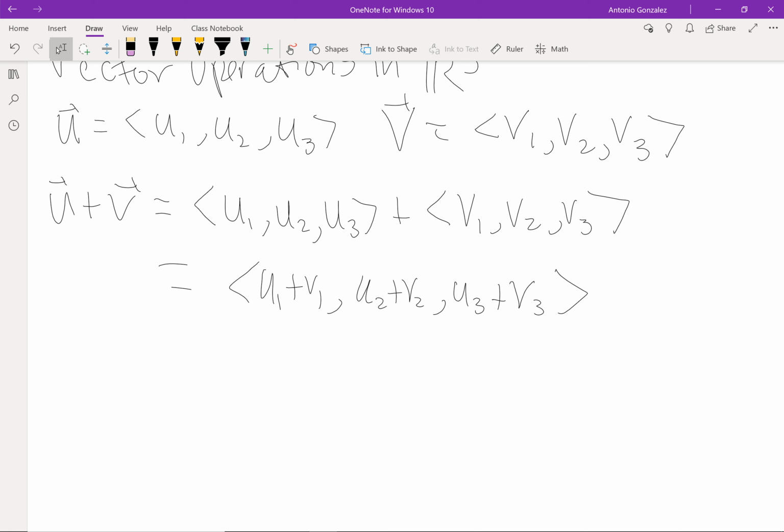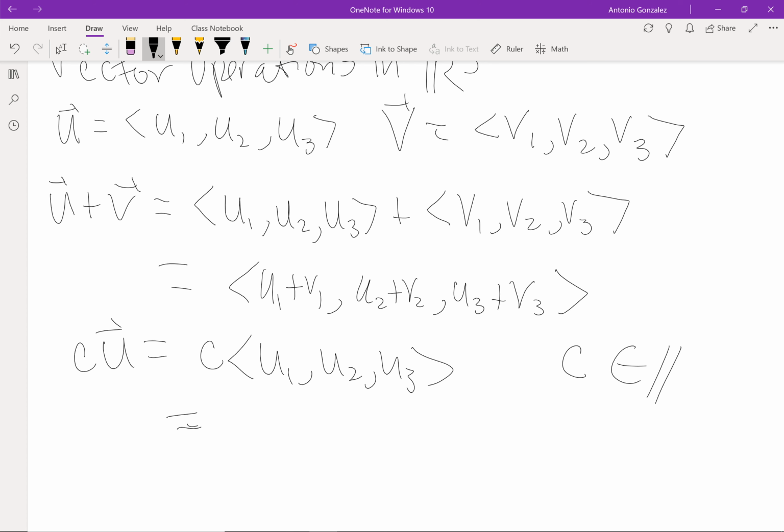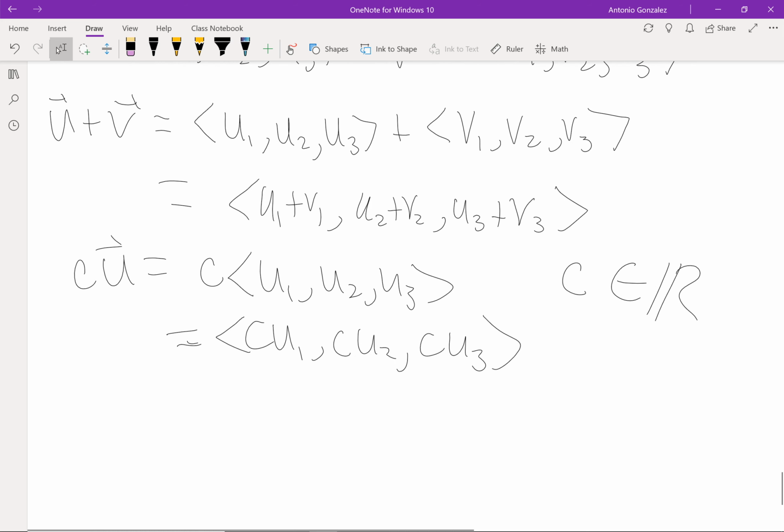All right, and then the same thing for the scalar multiplication. If we have c times (U1, U2, U3), we will take that scalar c, and again, c is just any real number, and we will multiply it by U1, multiply it by U2, multiply it by U3. Okay, so those are the operations in R3. Again, just that extra component in the z that we have to take care of, or that we introduce here.